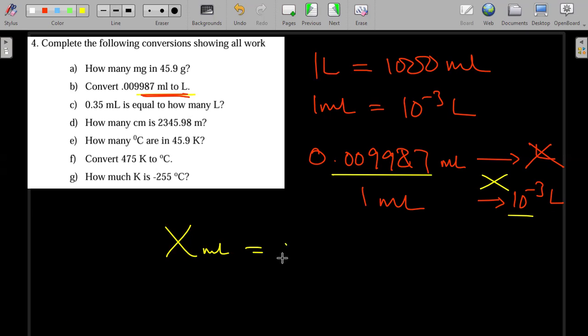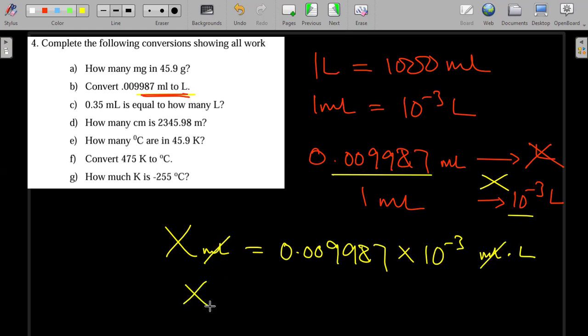So I have 0.000987 multiplied by 10 to the power minus 3, and then I have milliliters multiplied by liters. So when I cancel this, even this one goes. It means my x will be equal to this number multiplied by 10 to the power -3.